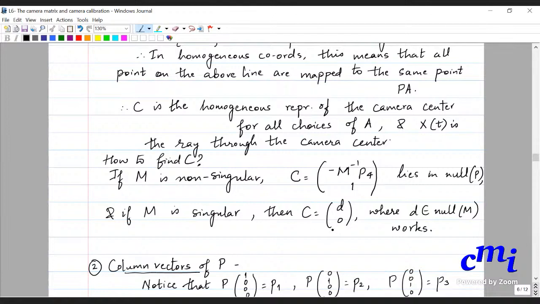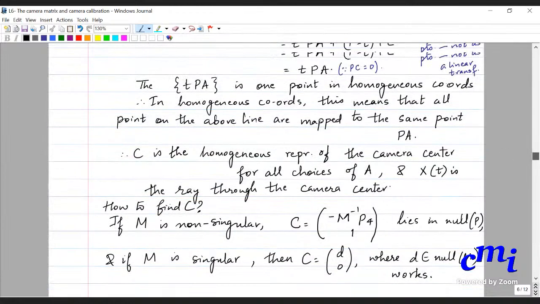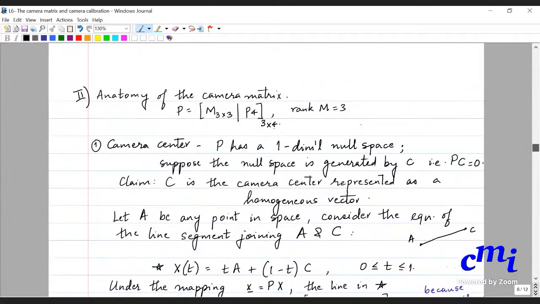This will also fall in the null space of P, and the whole theory works. Later we will see that you can give a formula for the camera center in terms of elements. So given any P like this, the camera center is the vector that spans the null space of P.